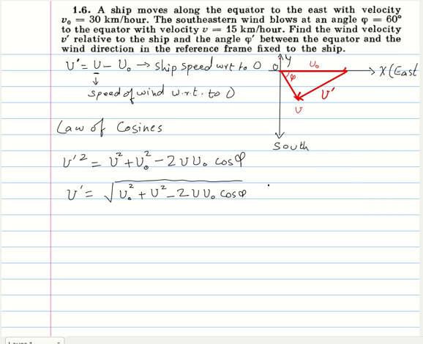Now we already know all the values here, so v naught square is 900, which is 30 square. v square is 225, which is 15 square, minus 2 times v naught times v, 2 times 15 is 30, 30 times 30 is 900, 900 times cos 60 is half, so we get minus 450.